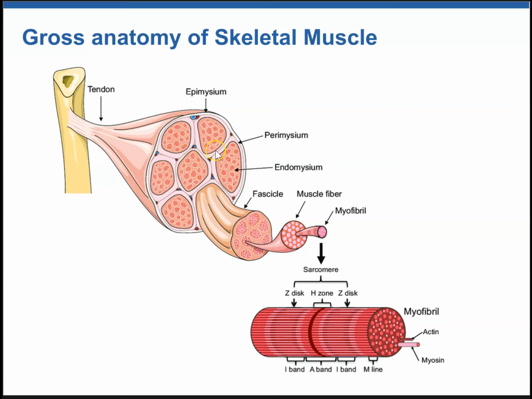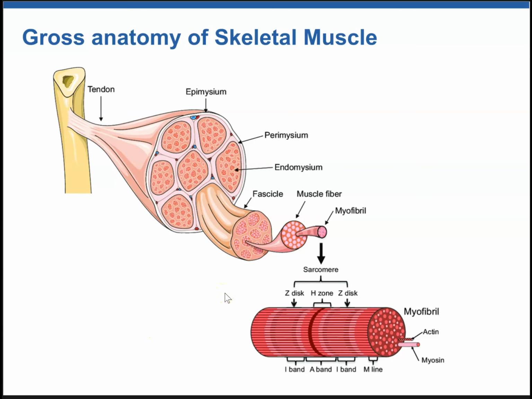Groups of fascicles are covered by the outermost layer known as epimysium. So epimysium is the outermost layer. The perimysium is the connective tissue layer around the fascicle. The endomysium is a layer of connective tissue around each individual muscle fiber or muscle cell.